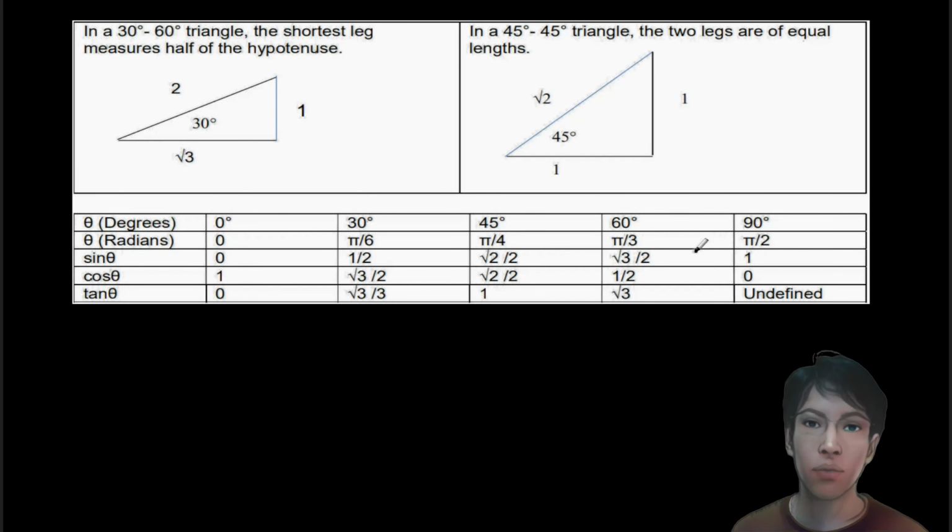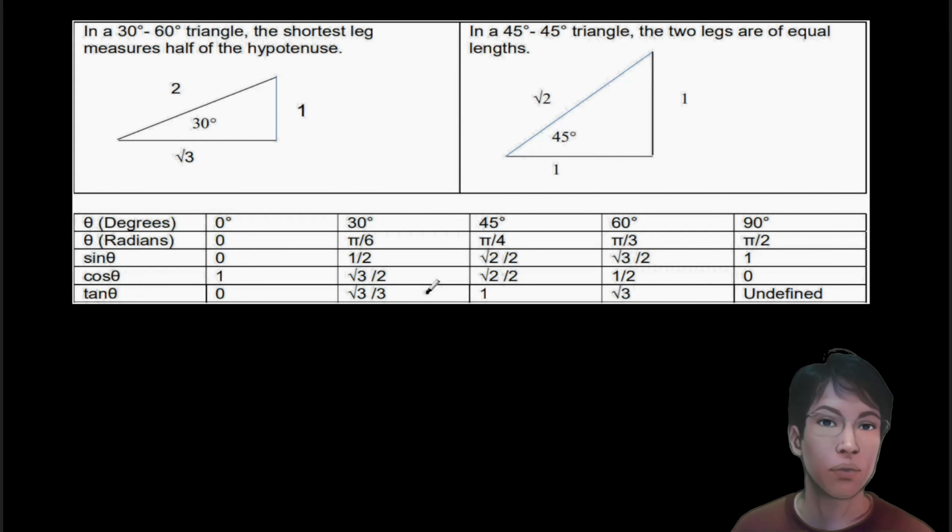So you don't have to memorize this, but rather understand how we got to these values. Just memorize these triangles, the values of these triangles, and then you should be able to complete the table.